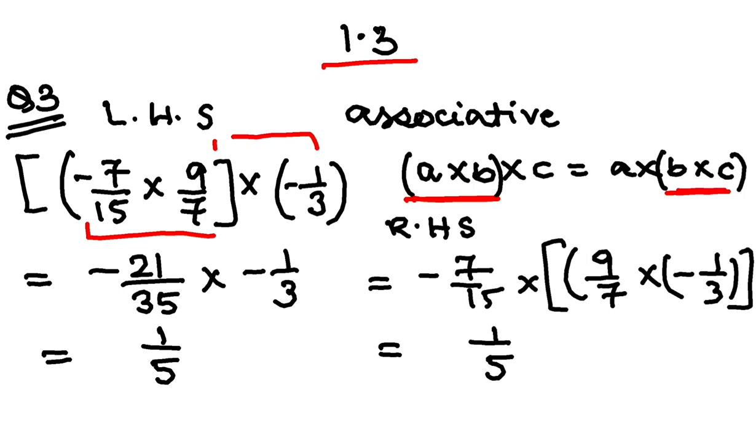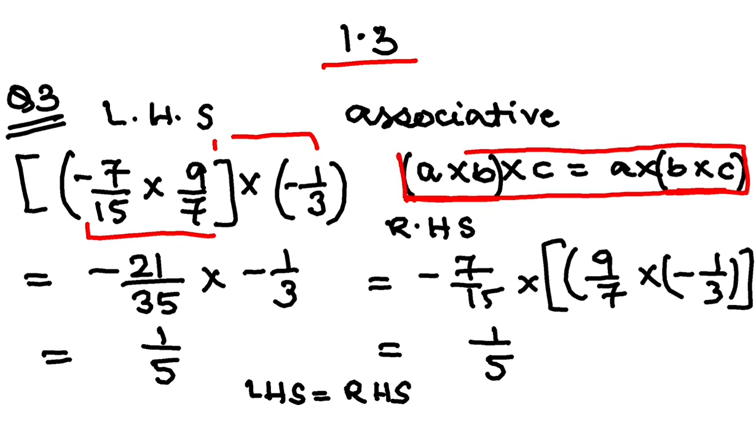Try to get 1 by 5, you should get 1 by 5. Okay, so your left hand side and your right hand side are both equal. That means this associative property a into b into c is equal to a into b into c. In the left hand side bracket is in a and b, and the right hand side bracket is in b and c. This is verified. Okay, similarly all other questions can be tried. Now let's go to question number 4.